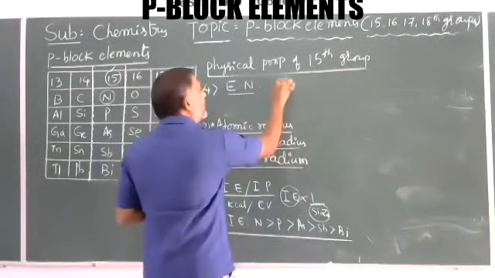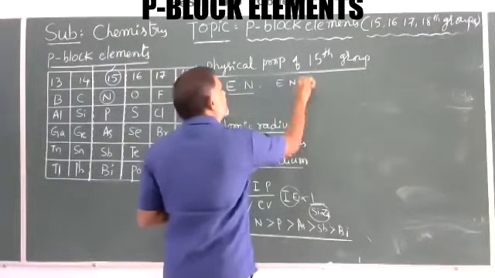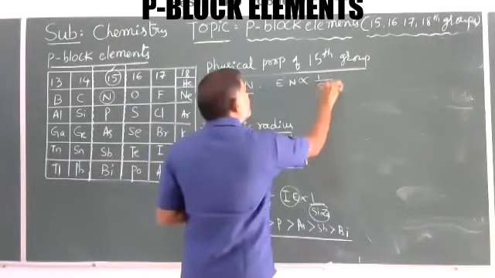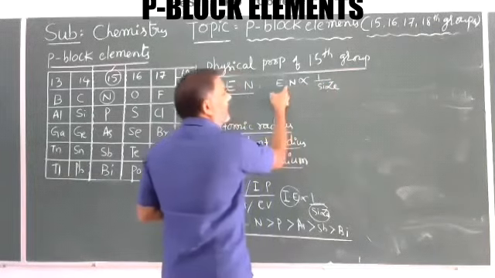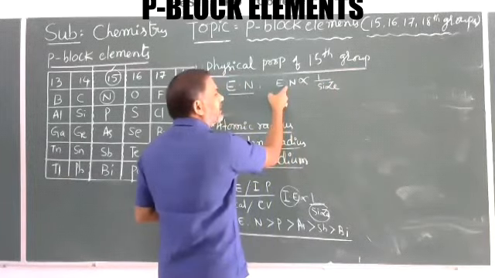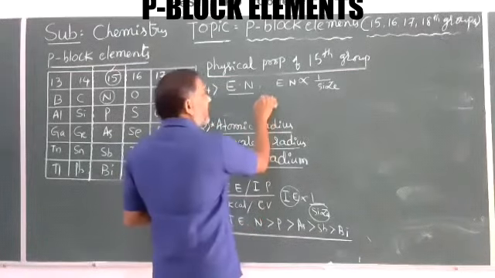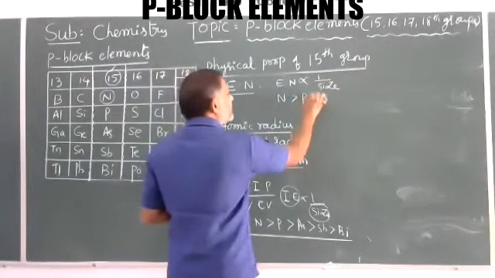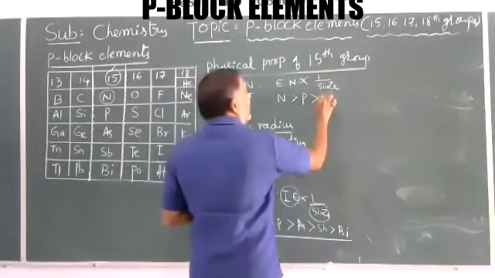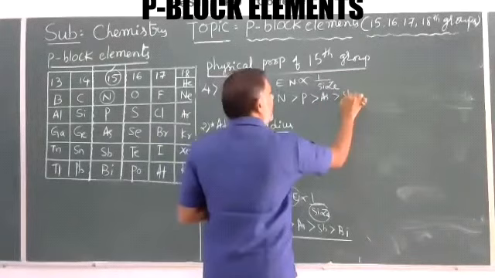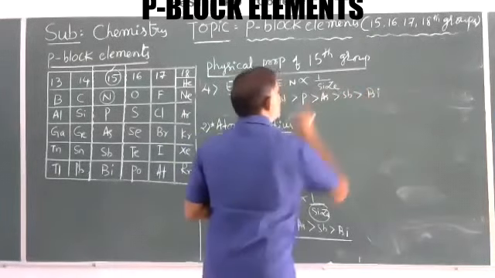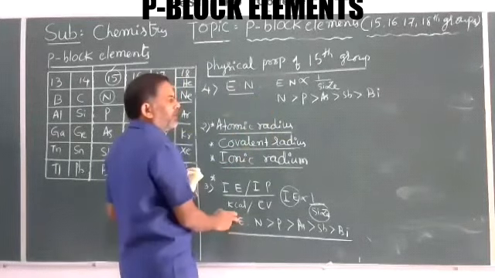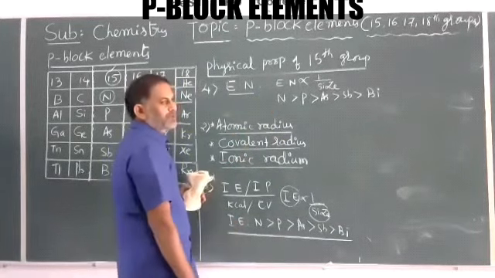Electronegativity is inversely proportional to size. When size is more, electronegativity is less. That's why the electronegativity order is nitrogen is more electronegative than phosphorus, than arsenic, antimony and bismuth. This is your electronegativity and ionization potential or ionization energy.